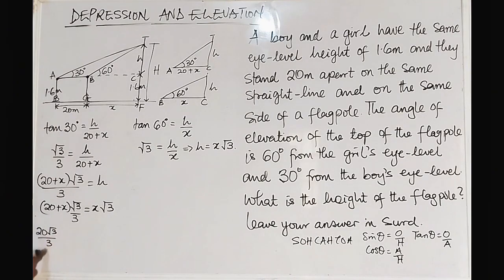Then plus X root 3 all over 3, equals X root 3. Now multiplying both sides by 3, you end up having a linear equation.